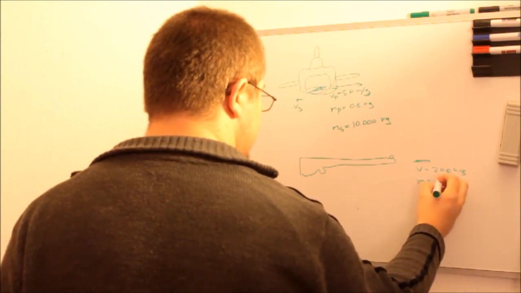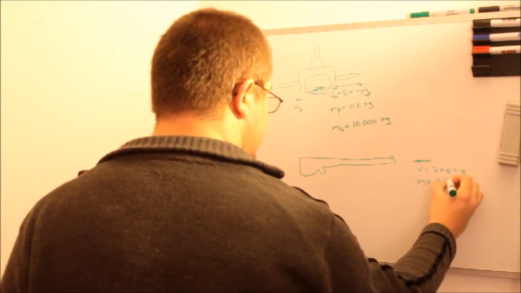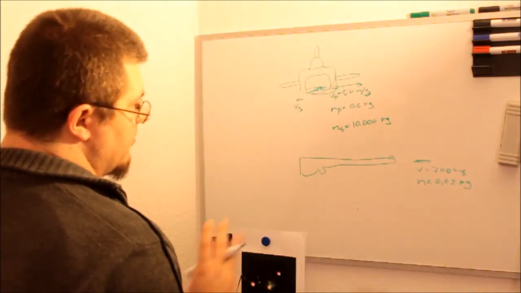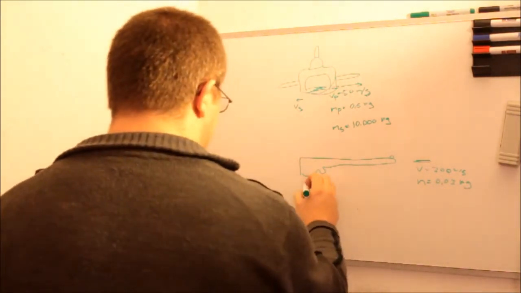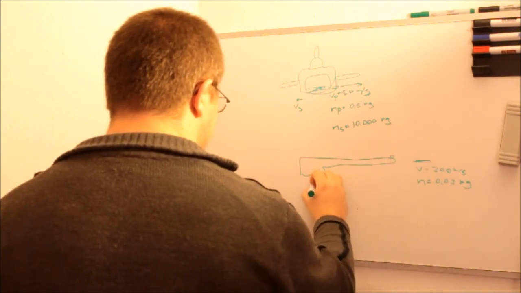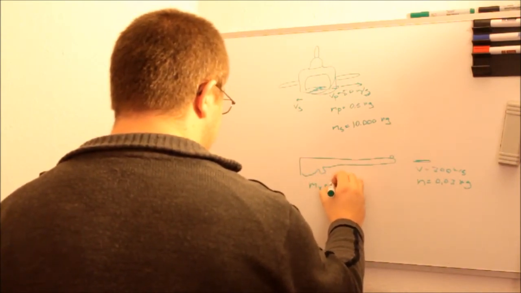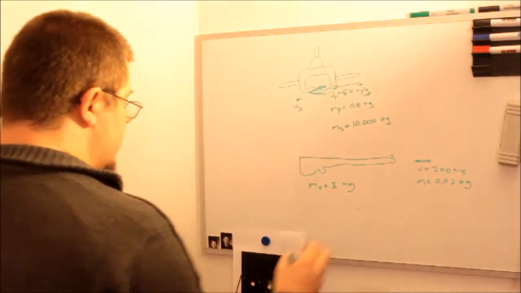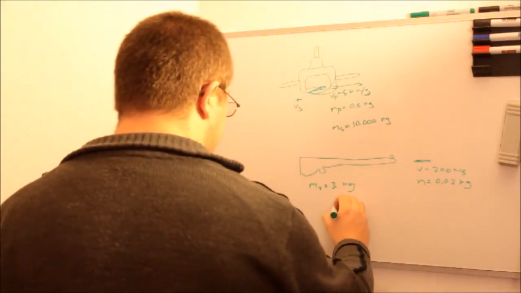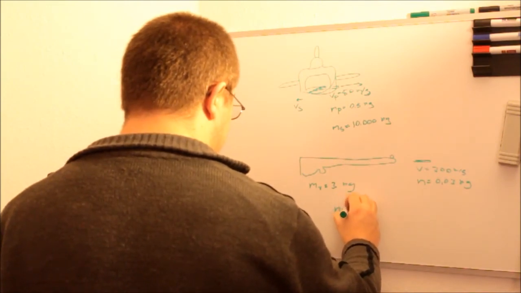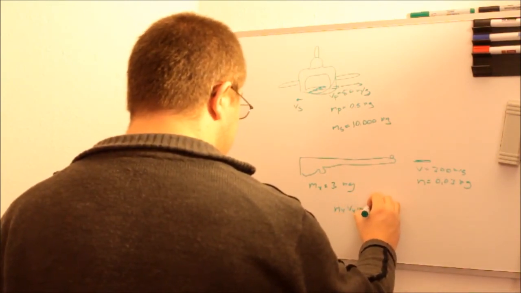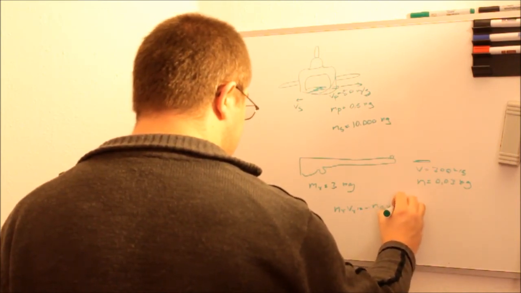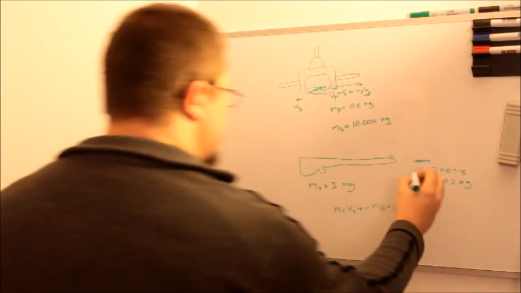The mass is 0.03 kilograms, around 30 grams or something like that. And the rifle itself, M rifle, has a mass of 3 kilograms. Again, you can use the same principle: M rifle V rifle would be equal to minus M bullet V bullet.